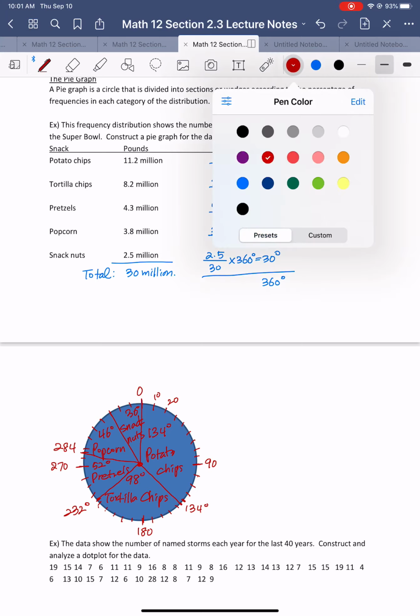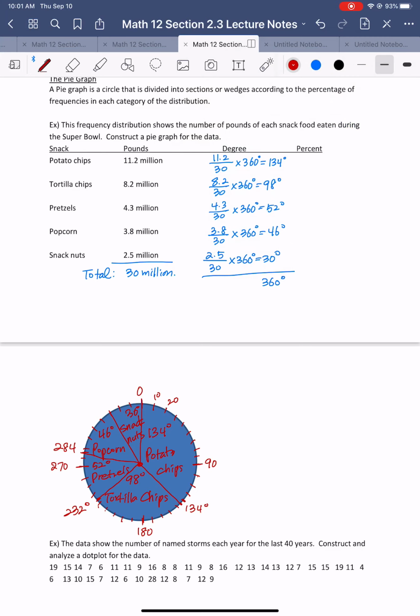Now the percent, this is how I do it. Same thing, we use the individual pounds divided by total, but percent is out of 100, so multiply by 100. So that gives us 37.3%. 8.2 over 30, now multiply by 100, you'll get 27.3.